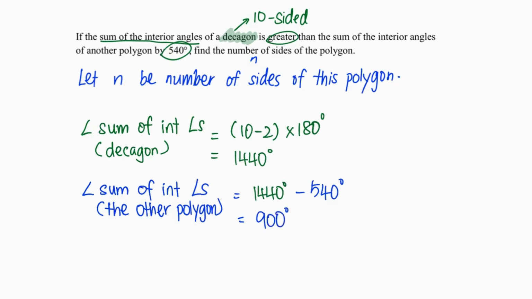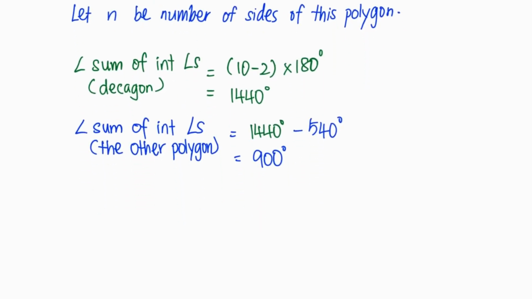And we also know the formula for the angle sum of interior angles, which is simply 180 times n minus 2. This one is equal to 900.